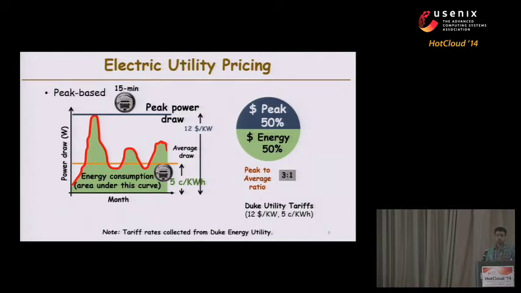If your power draw has a peak to average ratio of 3:1, then half of your electricity bill will be contributed by the peak component. So this feature of electric utility pricing can contribute significantly to a data center's electricity bill, and we should be thinking carefully about how this should be passed on to the tenants.